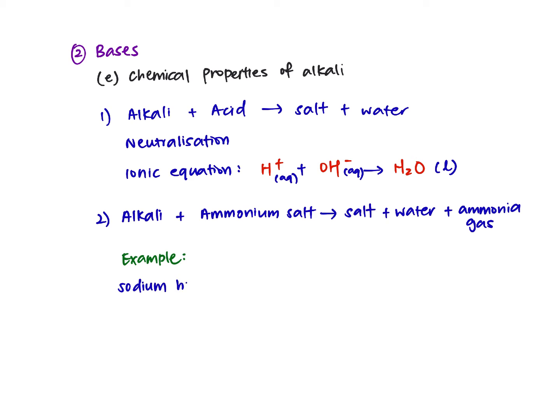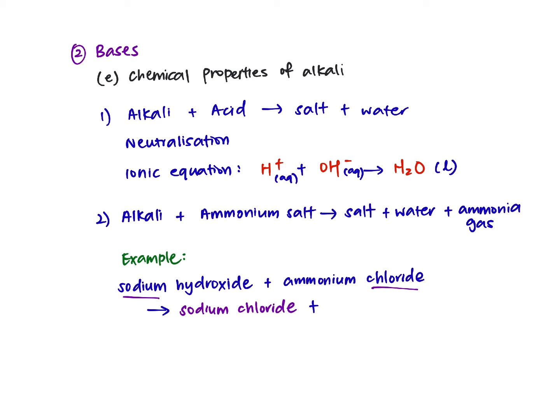The alkali sodium hydroxide reacts with ammonium chloride to give the salt sodium chloride. The leftover ammonium and hydroxide ions will form water and rearrange to form ammonia gas.